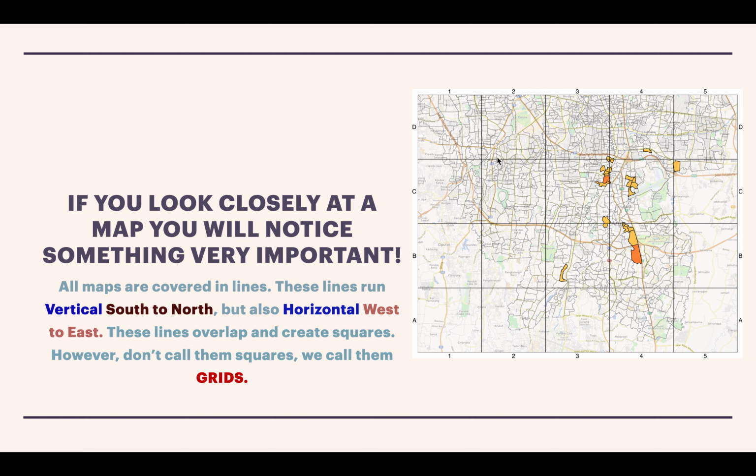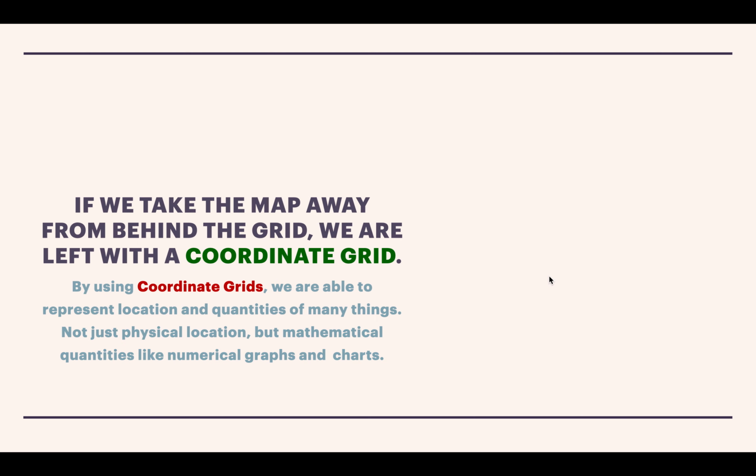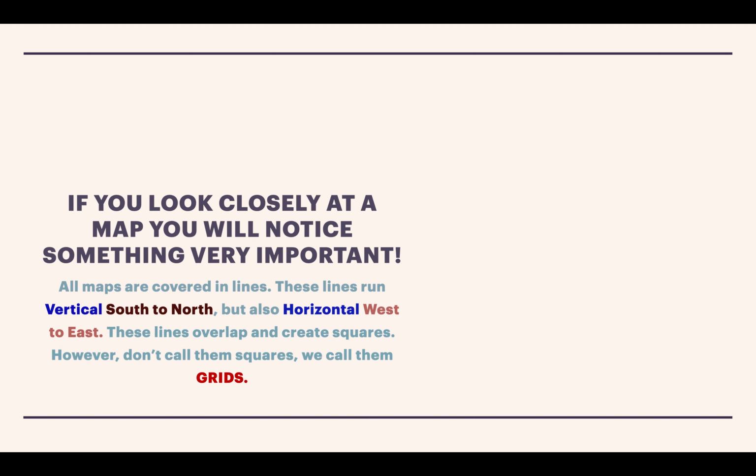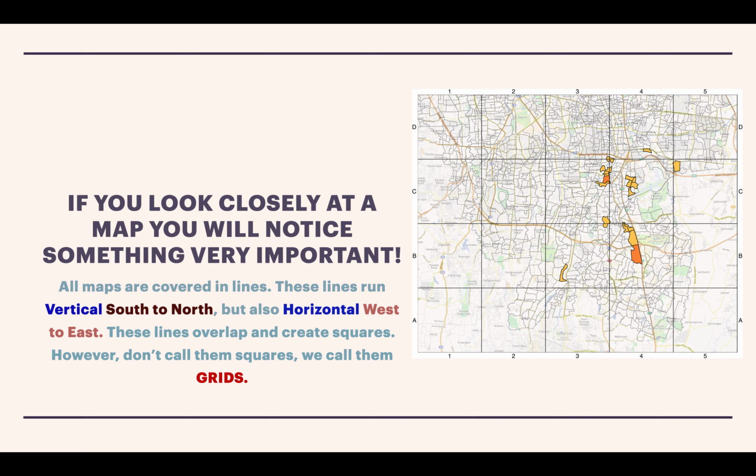We don't need to use those words at all, but just to give you an idea of what we're talking about. Now, these longitude and latitude, or horizontal and vertical lines, when they come together, because they're perfectly straight, they form grids, or squares. These squares, or grids as we call them, are extremely important.